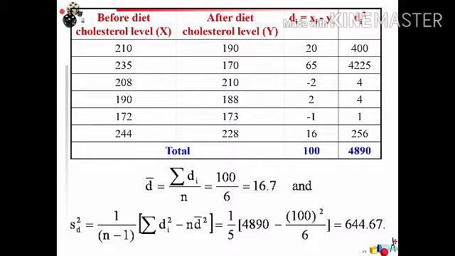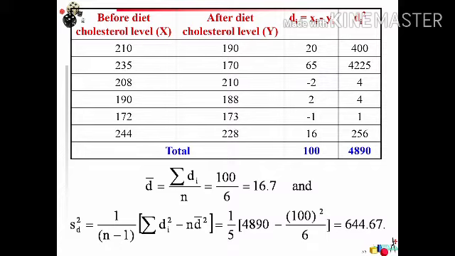The test statistic for the paired t-test is T equals d bar divided by sd by root n. Here d bar equals summation di divided by n, that is 100 divided by 6, which gives 16.7. The standard deviation of the difference, sd squared, equals 1 by n minus 1 times summation di squared minus n d bar squared, which gives 644 divided.